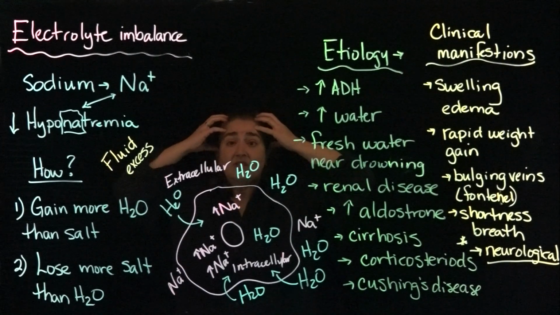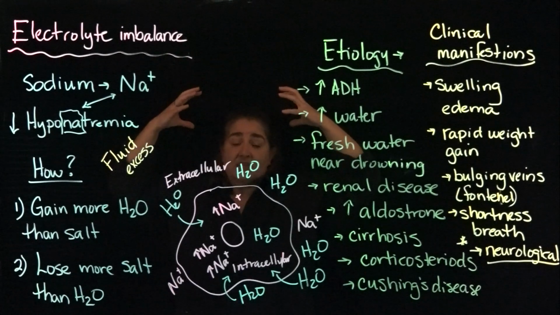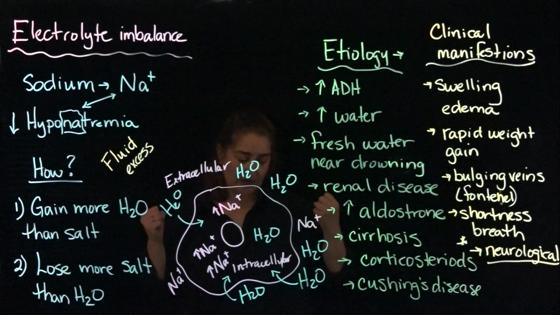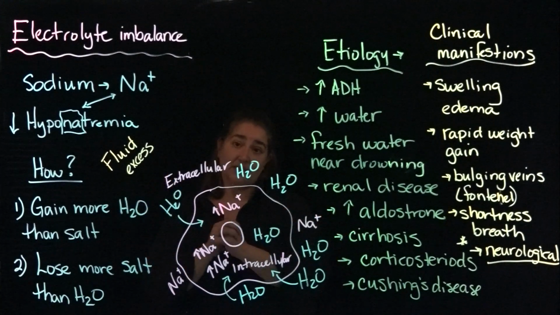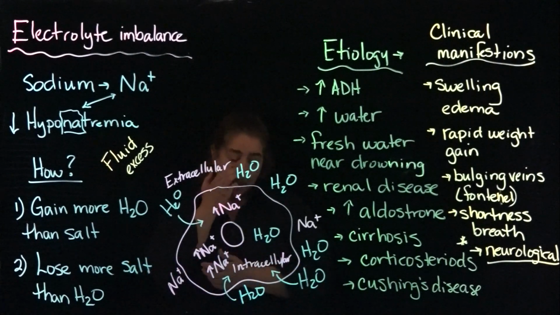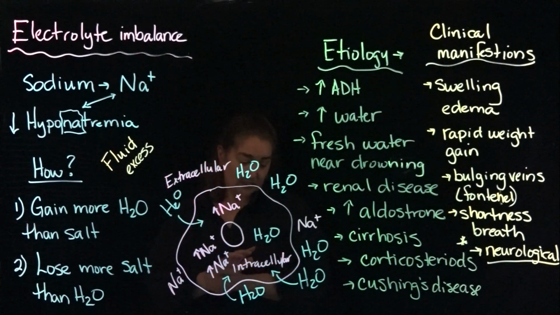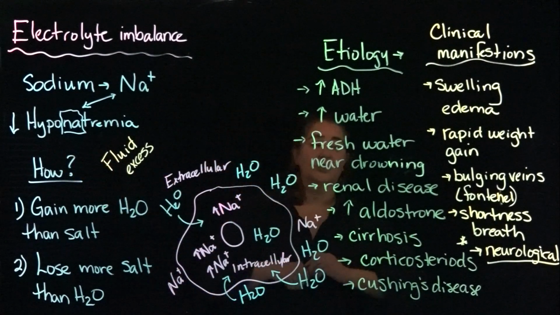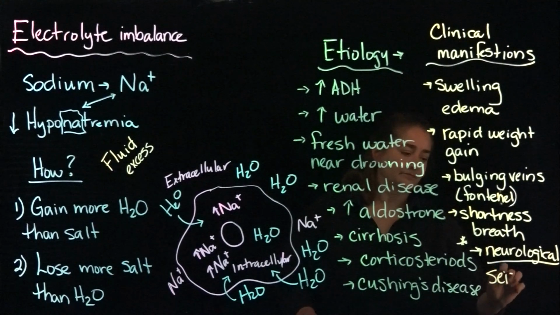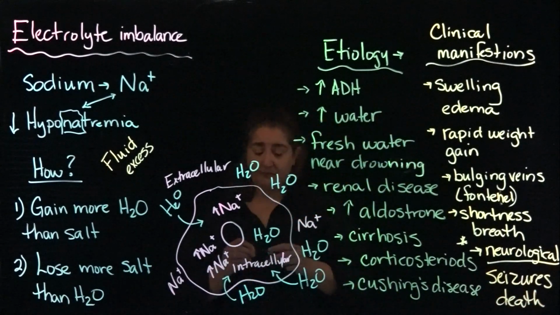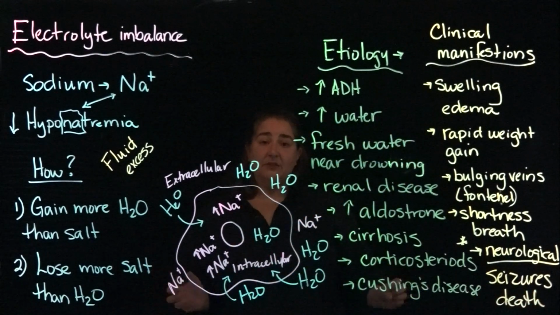That bone doesn't move, but if your brain is increasing in size, that is going to put pressure on the brain. You're going to start inhibiting brain function. Can be headaches, can be confusion, you can get nausea associated with it. And again, much like hypernatremia, it can lead to seizures and death.